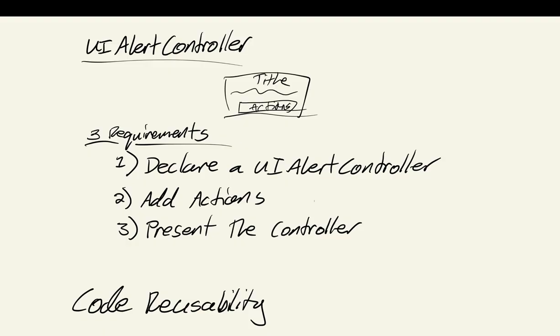This is basically an idea in coding where when you write functions or create stuff and make things happen, you want to make it as abstract as possible so that it can be used as often as possible and you don't have to recreate the same functionality multiple times. So we'll look at that in just a second.